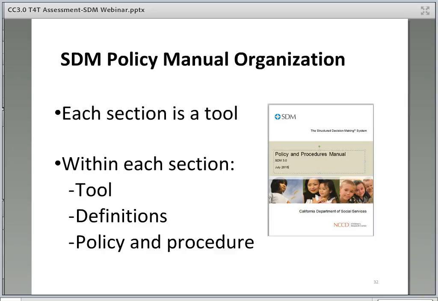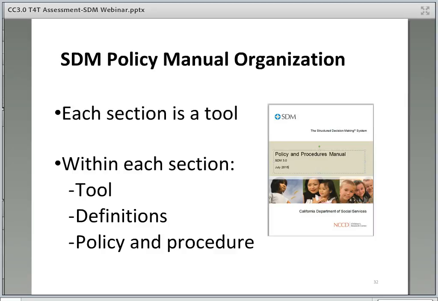The majority of core classes include activities that will ask students to refer to their SDM manuals. It is very important for instructors to remind trainees to double-check the definitions to ensure that they are completing the SDM tools correctly. Instructors should be familiar with the definitions and/or know how to find them, so they will be prepared to facilitate discussions about SDM in the classroom.